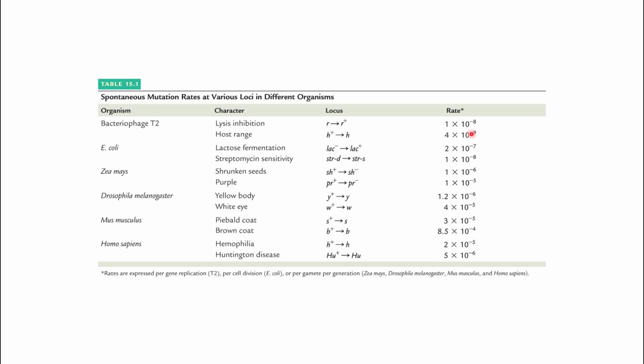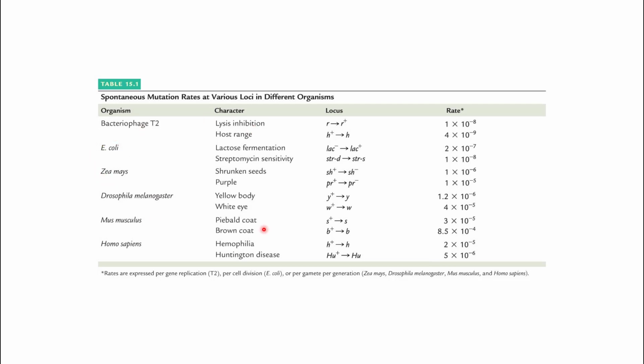So a really small percentage of organisms have that. We can see though, hey, at a different gene within bacteriophage, they have an even smaller mutation rate. So mutation rates are not the same for each gene in an organism. Okay, it largely has to do with, because most mutations occur during replication, the sequence of that region of the genome that's being replicated.